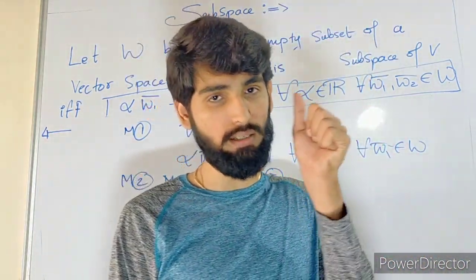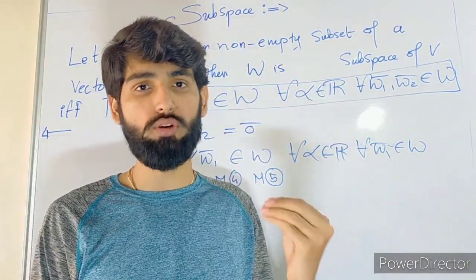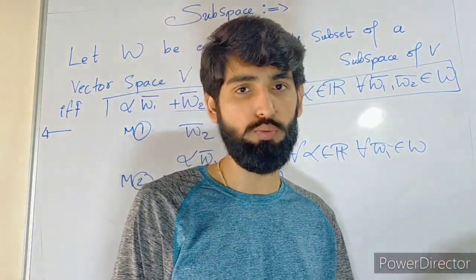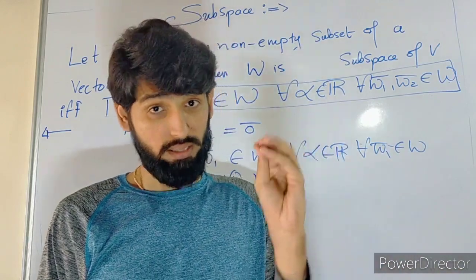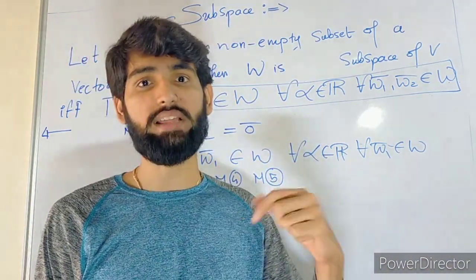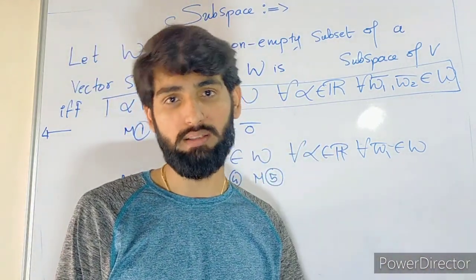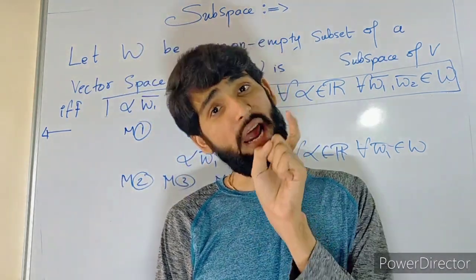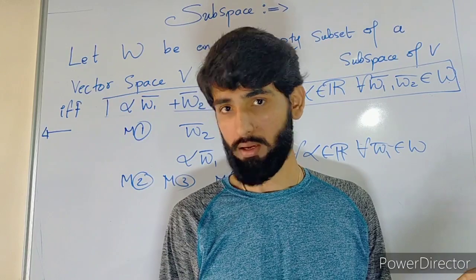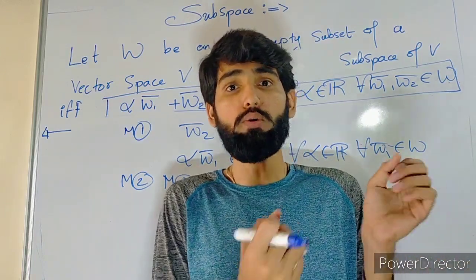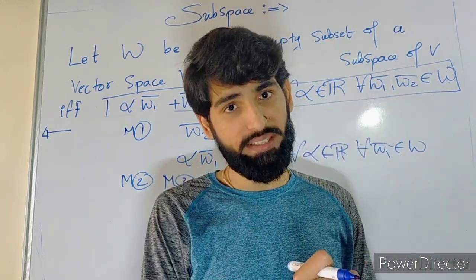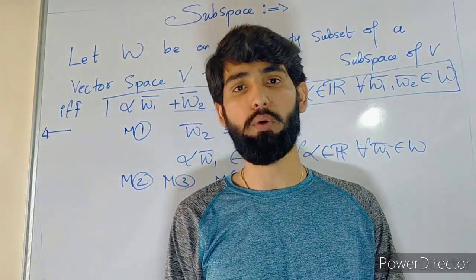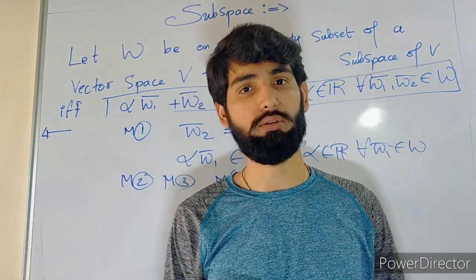M2 was telling us the distribution of a vector over scalars, then distribution of a scalar over vectors, then we have associativity, then we have 1 times W1 bar is equal to W1 bar. All these conditions are true for every element of V, correct? And every element of W is inside V. Hence we can say that every element of W will satisfy those four conditions.